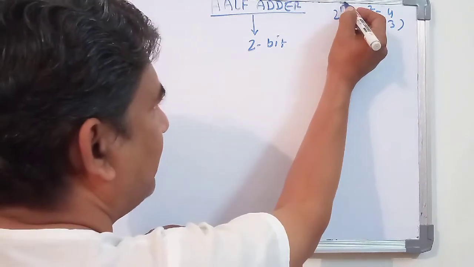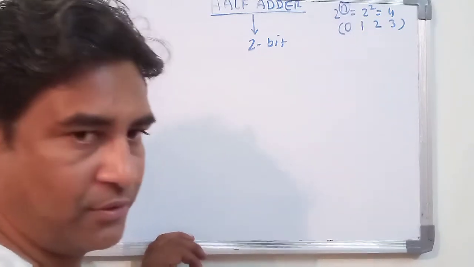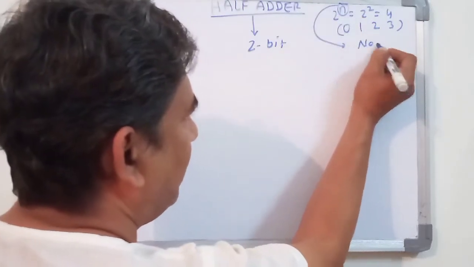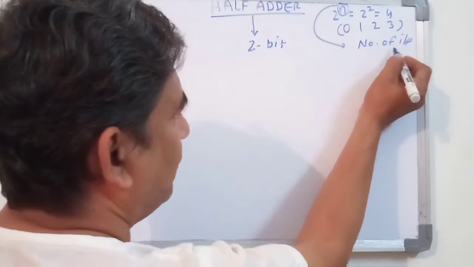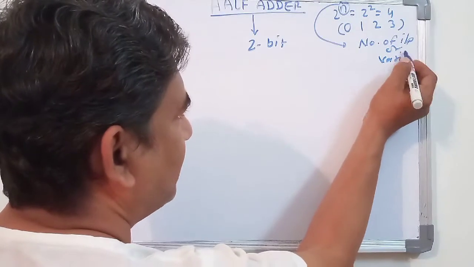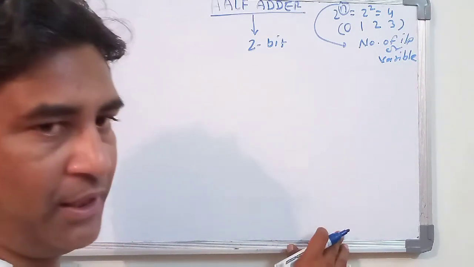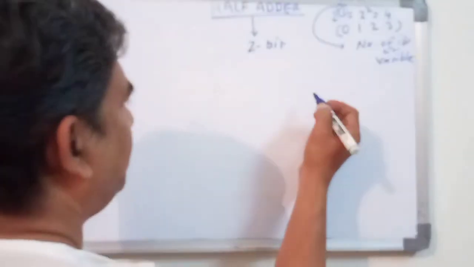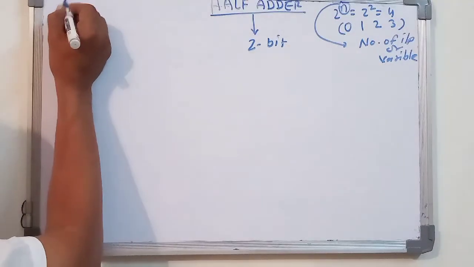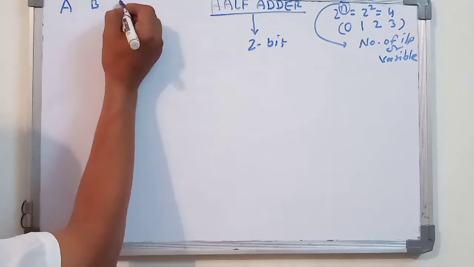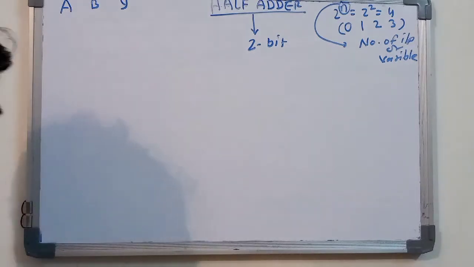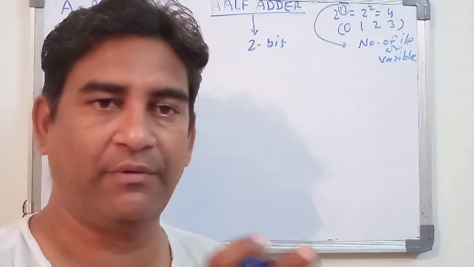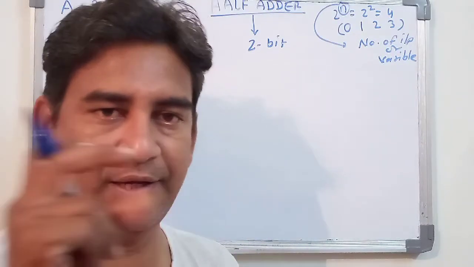And this n is nothing but the number of inputs, or how many variables are present in this particular adder. So this adder you may mark here as A, B, and here you will be getting the output. But up till now we have studied only the variables A and B and the output, that is Y.